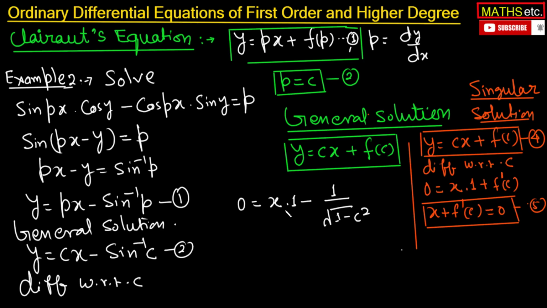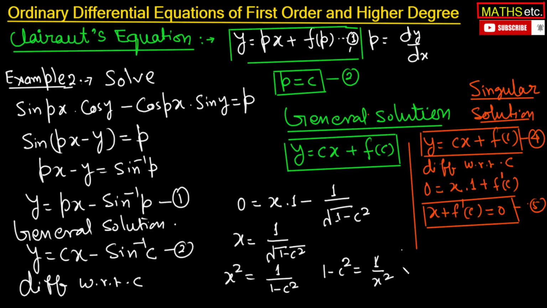Now let us simplify and solve it for the c variable, right? So this will become x equals to 1 over square root of 1 minus c squared. Squaring both sides, this will be x square equal to 1 over 1 minus c squared. We can further rewrite it as 1 minus c squared is equal to 1 over x square.